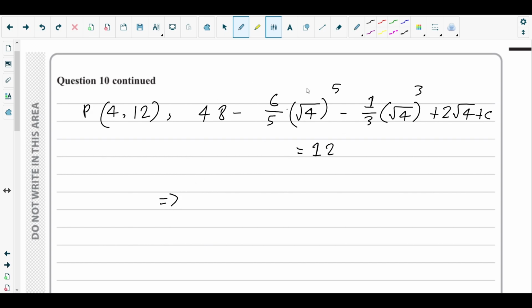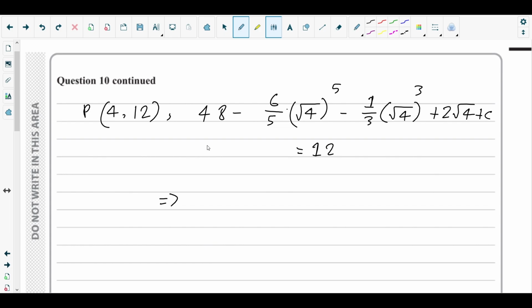At first, do the manipulation here. 48 minus 6 times what? The square root of 4 is 2, and 2 to the power 5 is 32. So 6 times 32 over 5, minus the square root of 4 is 2, cubed is 8 over 3, plus 2 times 2, that is 4.